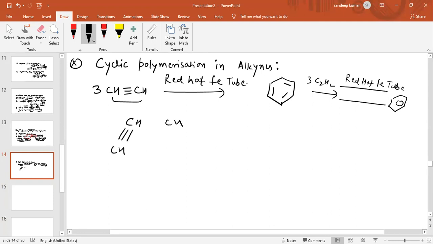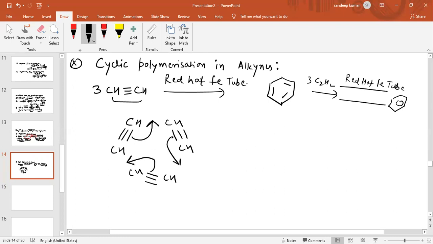Again, the second mole is CH triple bond CH. Again, this is also CH triple bond CH. This is like this, 3 moles. This pi bond will shift in between these two carbon atoms, and this pi bond will shift in between these two carbon atoms, and this pi bond will shift into these two carbon atoms.